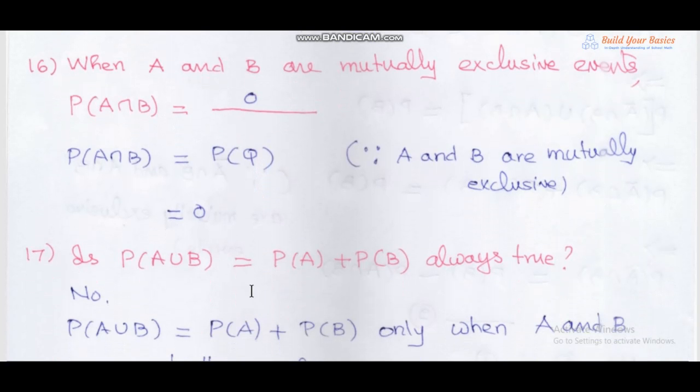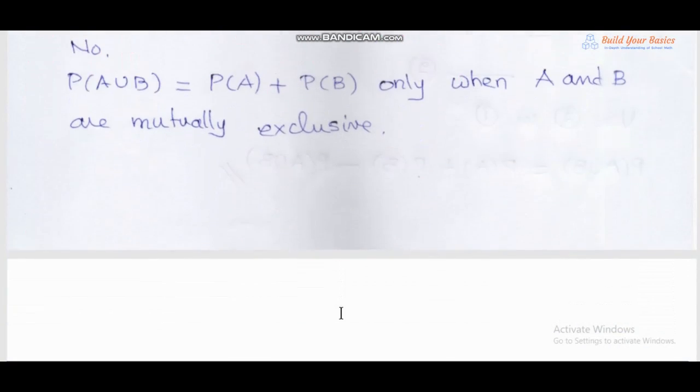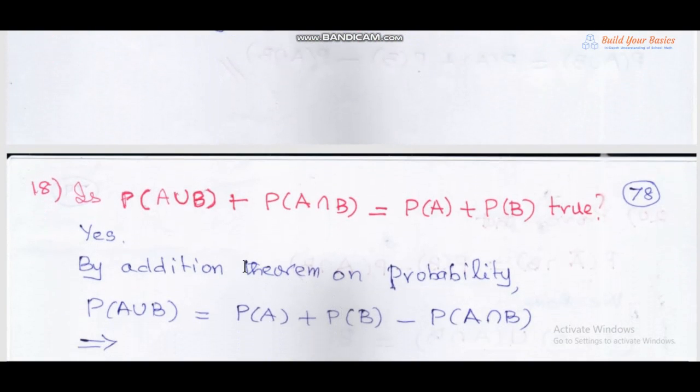Question number 17. Is probability of A union B equal to probability of A plus probability of B always true? No. Probability of A union B equal to probability of A plus probability of B only when A and B are mutually exclusive events. Question number 18. Is probability of A union B plus probability of A intersection B equal to probability of A plus probability of B true?